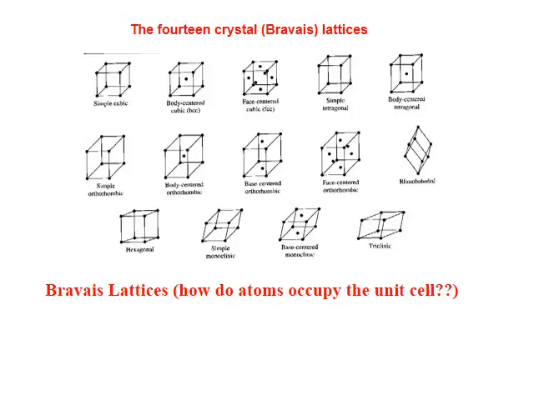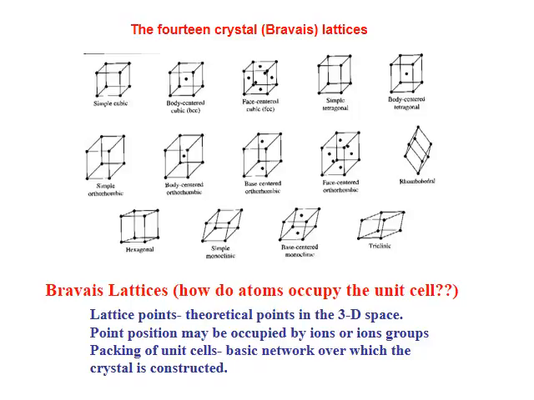They show how atoms occupy unit cells. The so-called lattice points are theoretical points in the 3D space. It's important to stress here that point positions may be occupied either by ions or ion groups. They show the packing of unit cells, the basic network over which the crystal is constructed.